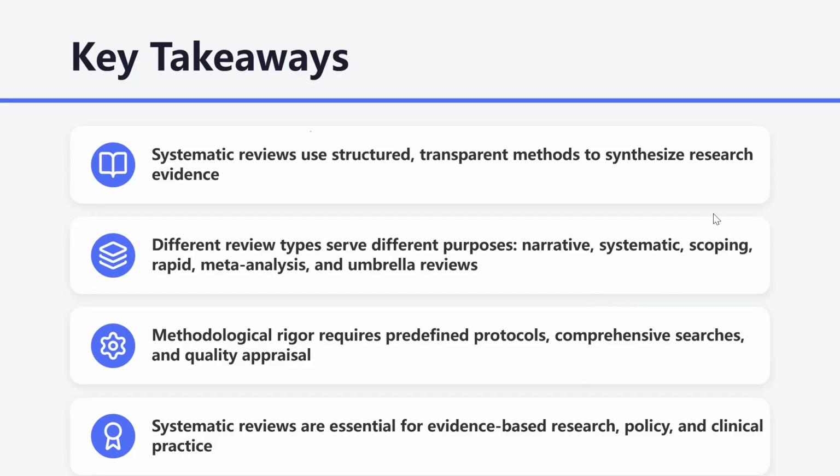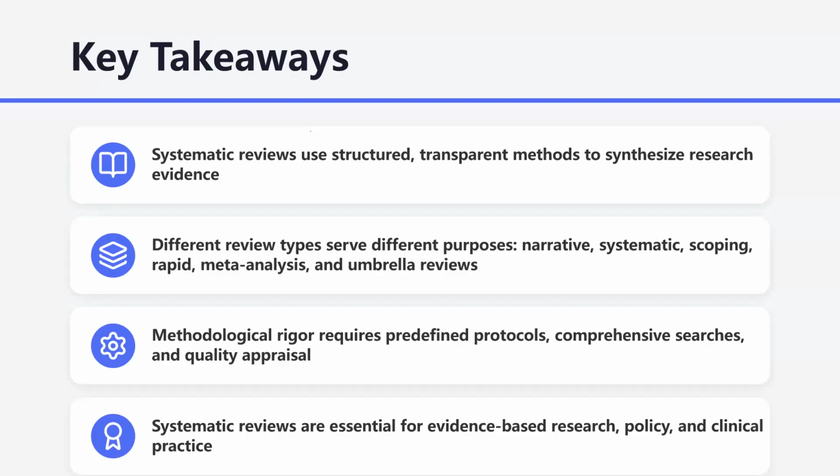Then systematic reviews are really essential for evidence-based research, policy, and clinical practice, and that is one of the major reasons why we do systematic reviews: to come up with evidence that can inform practice and policy.